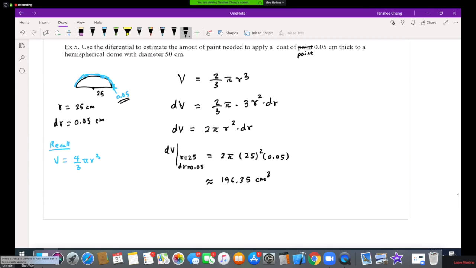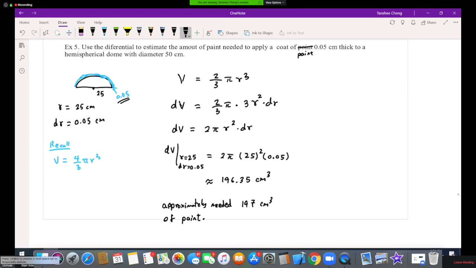The final interpretation is that we approximately need 197 centimeter cubed of paint. And that concludes my problem in this case.